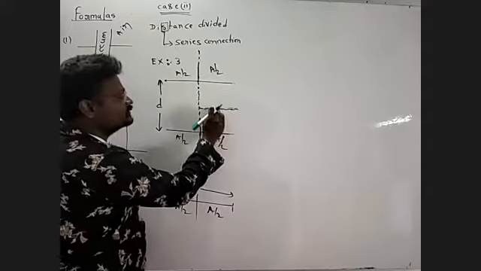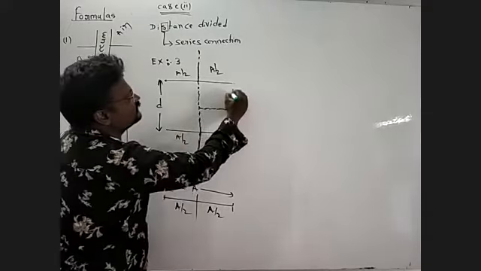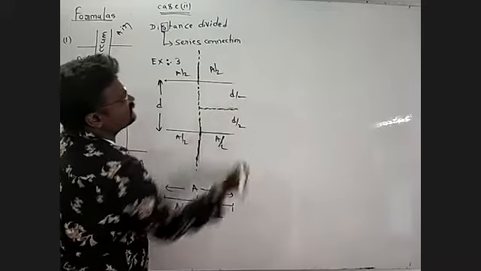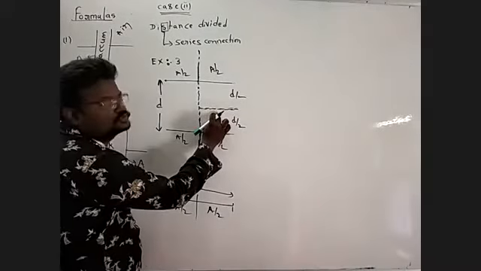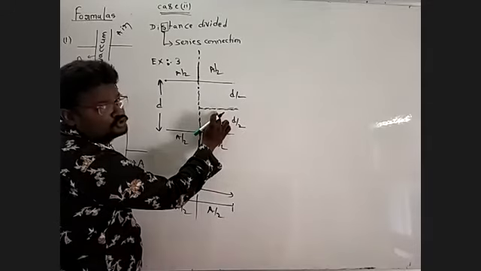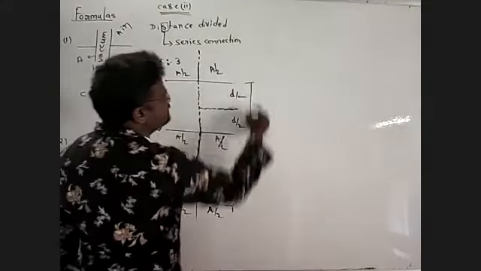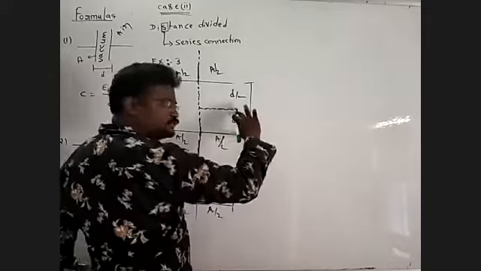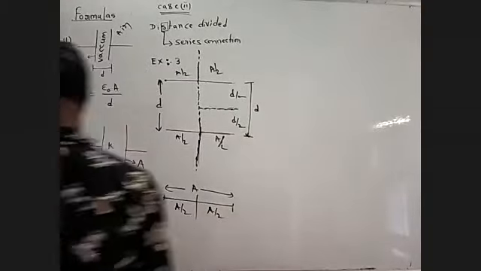This D can be divided into two equal distances, D by 2 and D by 2. The total distance from here to here is D by 2 plus D by 2, which is D.